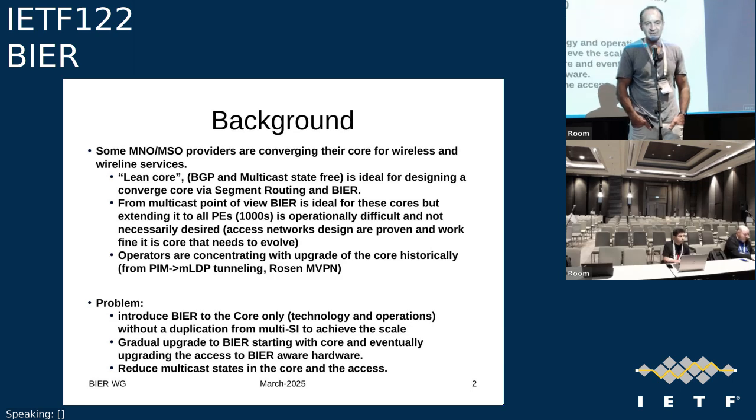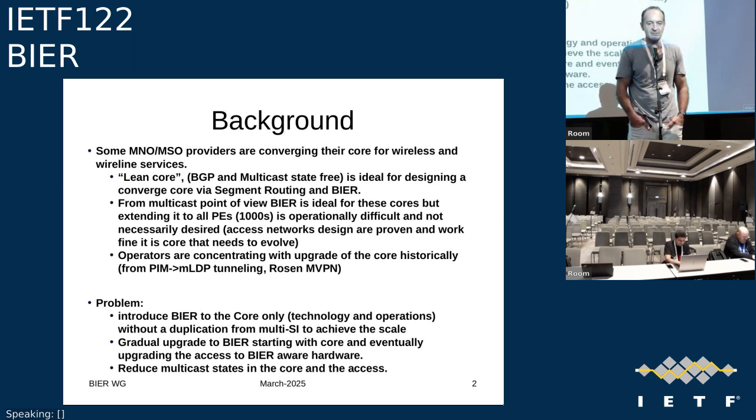Again, the background here, just a very brief summary. We are seeing that some of the vendors out there are trying to simplify their network, what they call a lean core or a lean network. They have legacy multicast protocols in there, and they are trying to remove the legacy multicast protocols from that part of the network so it doesn't affect the other parts of the network.